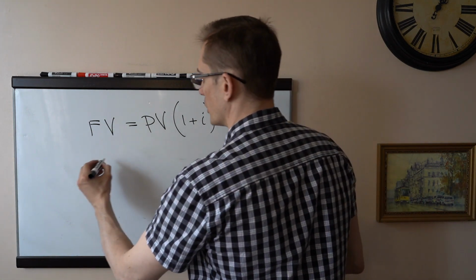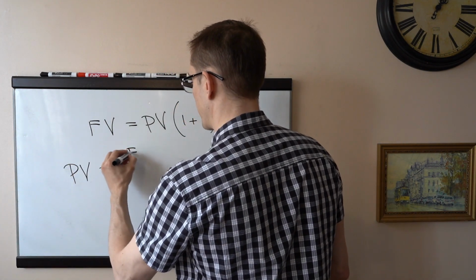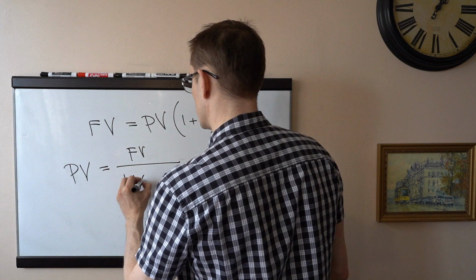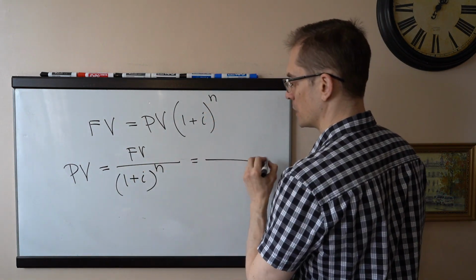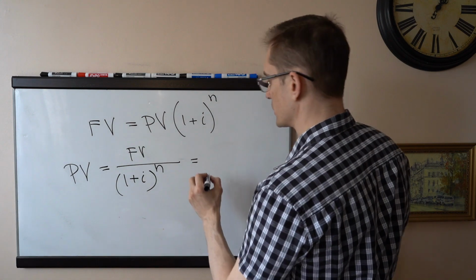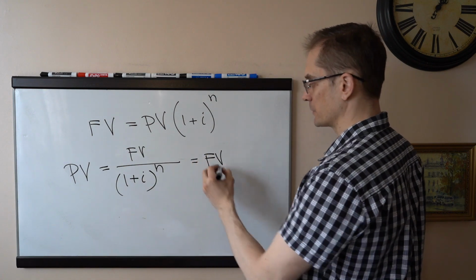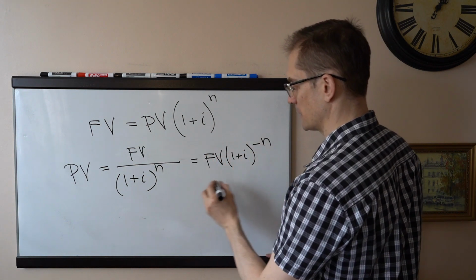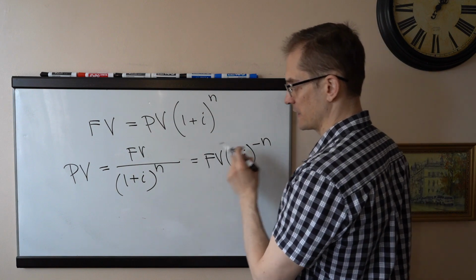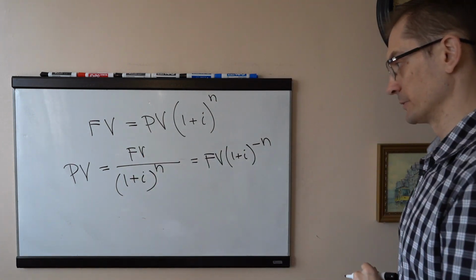Now, how do we find present value from here? Present value will be future value divided by 1 plus I to the n. And as we already spoke when we talked about simple interest, that will be 1 plus I to the minus n. This minus n simply means that I'm dividing by the positive exponent.